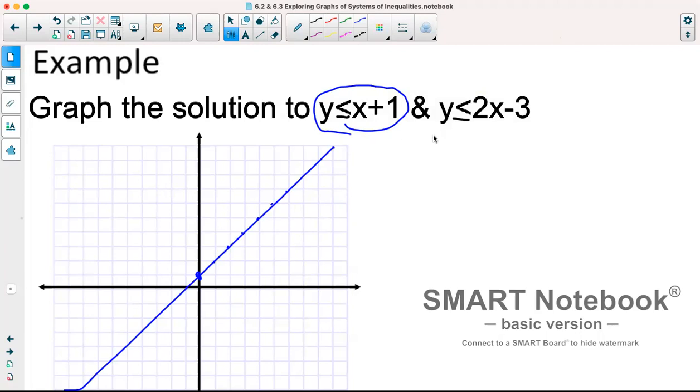We'll then do our test point. So I've got 0 is equal or less than 0 plus 1. So 0 is equal or less than 1. So that does make sense. So my test point was here. It worked out. So I'll shade this side of our graph.